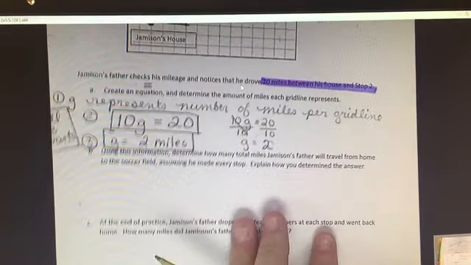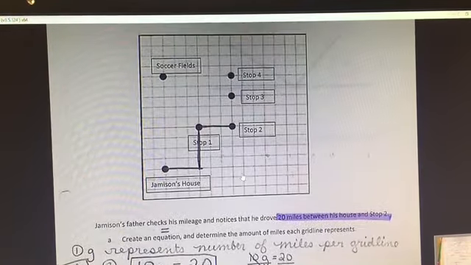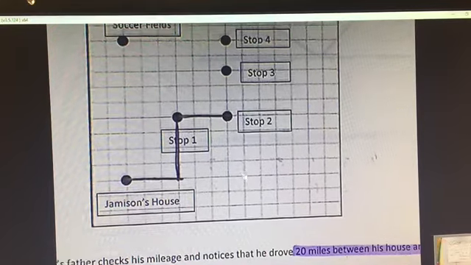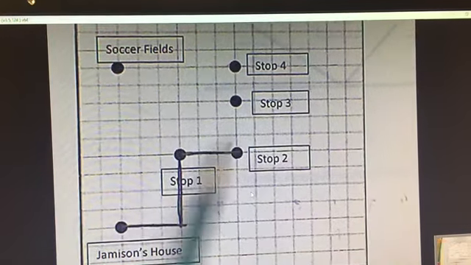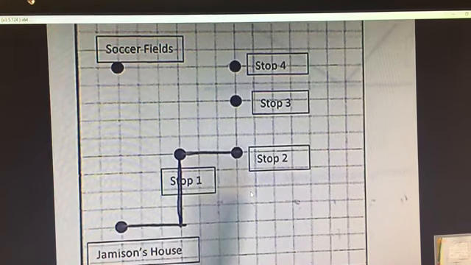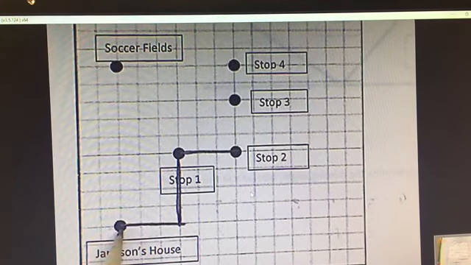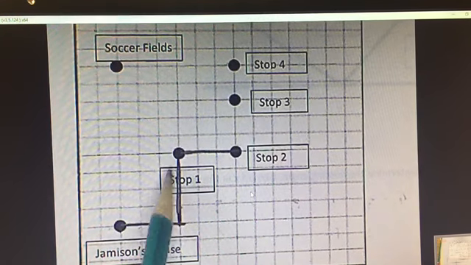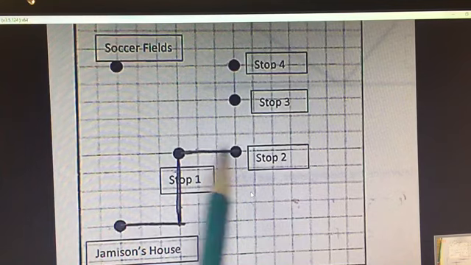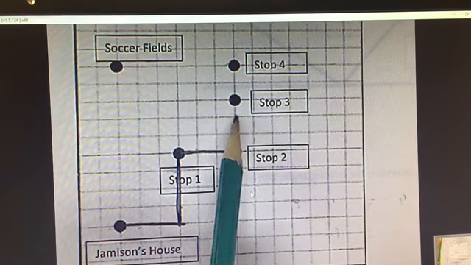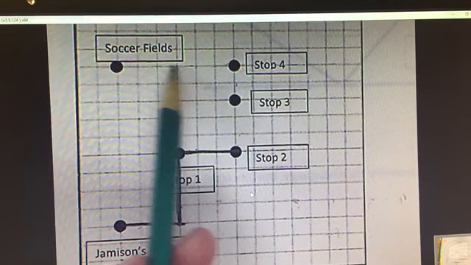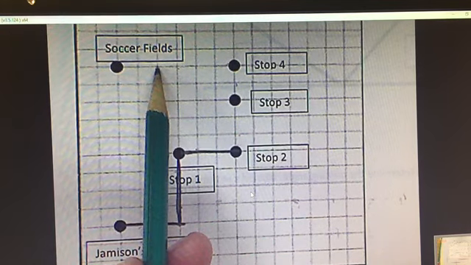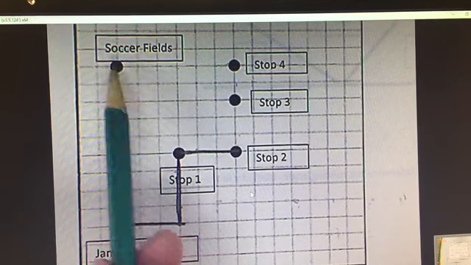So the first step that we need to do is count our grid lines again. Okay, so I'm going to zoom in nice and big so you guys can see it. We already know that there are 10 grid lines from Jameson's house to stop 2, but we'll just start from the beginning. So 1, 2, 3, 4, 5, 6, 7, 8, 9, 10, 11, 12, 13, 14, 15, 16, 17, 18, and, oh yeah, 20 and 21.